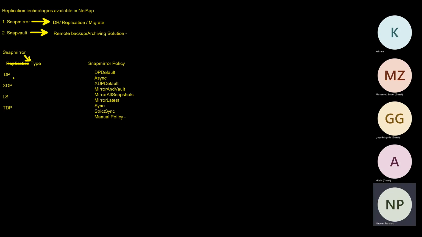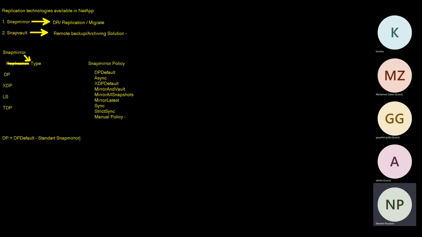So as I told you, we can create a snap mirror or snap vault by combining snap mirror type and snap mirror policy. I'll tell you what will become snap mirror and what will become snap vault. For example, if you are mixing DP snap mirror type with DP default, then it will become a standard snap mirror.